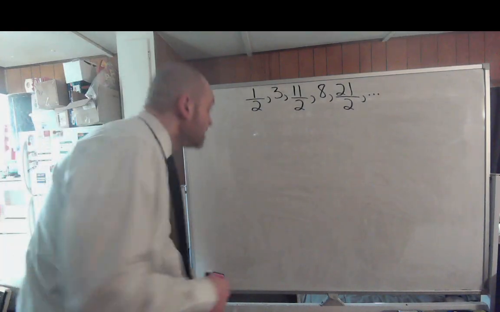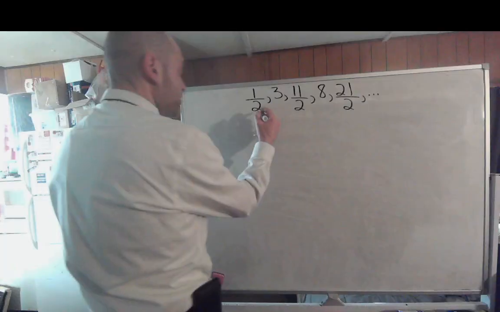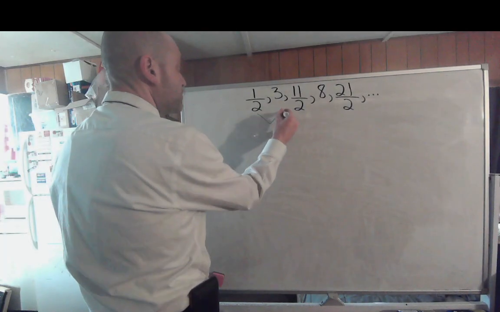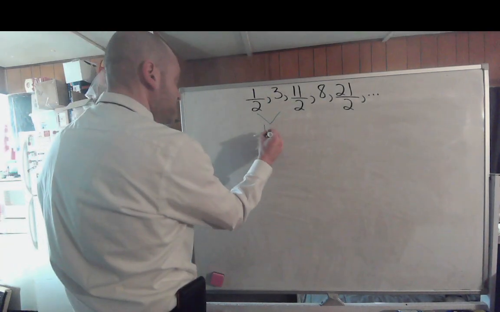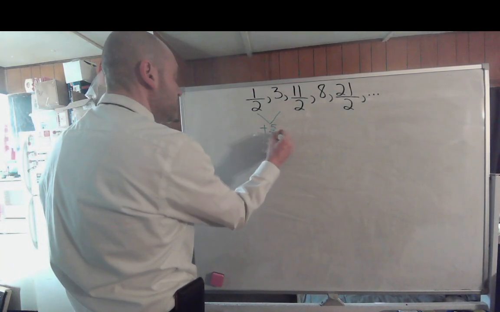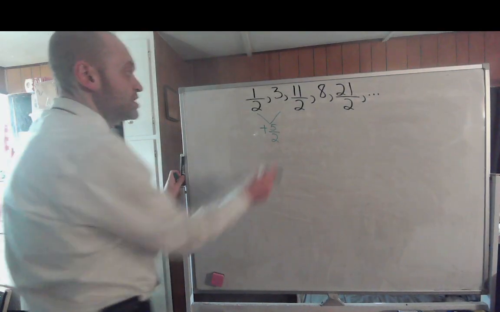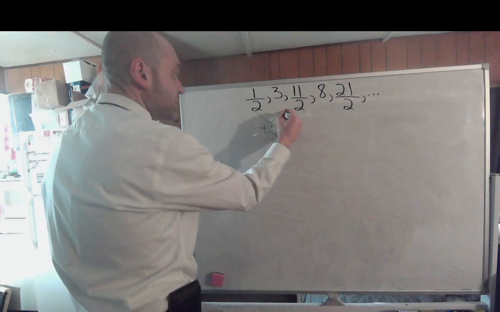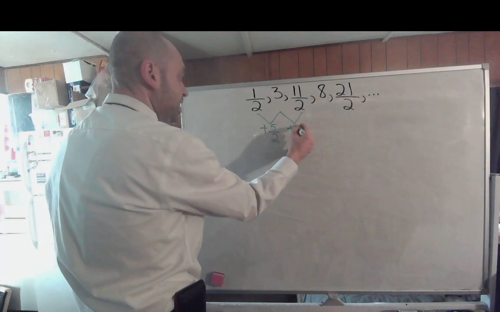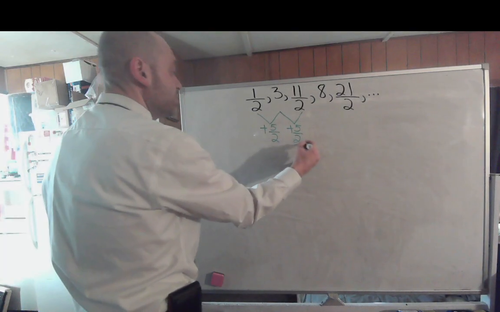Well, between 1/2 and 3, what's the difference? Well, 3 is also 6/2, right? So it goes up by 5/2 between 1/2 and 3. Now, what about between 3 and 11/2? Again, that's 6/2. It actually goes up by another 5/2. So far, it's looking arithmetic.